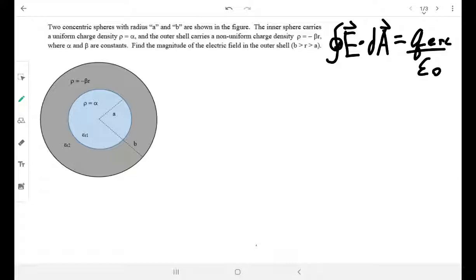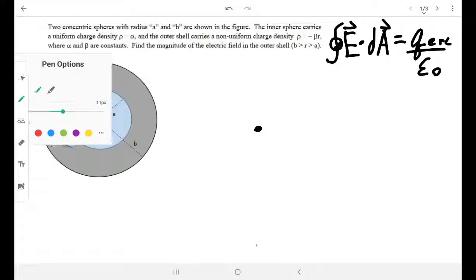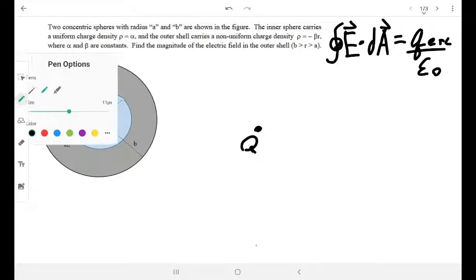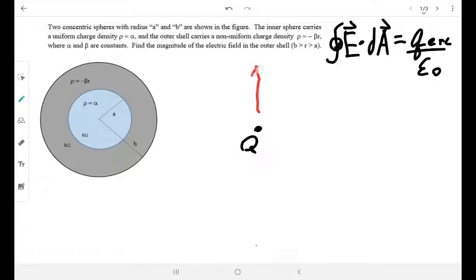And to explain what this integral is telling you, is that if you have some positive charge Q, it's going to have an E field that's radiating outward in all directions.